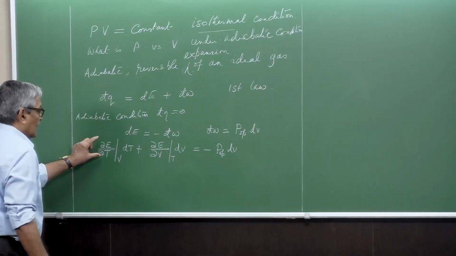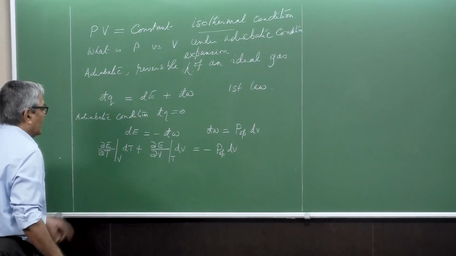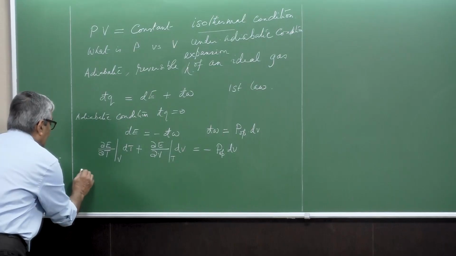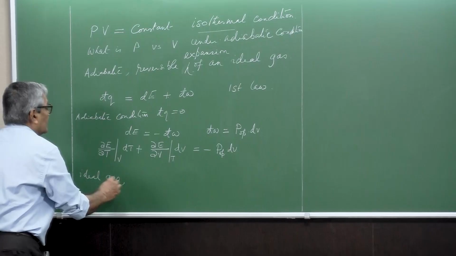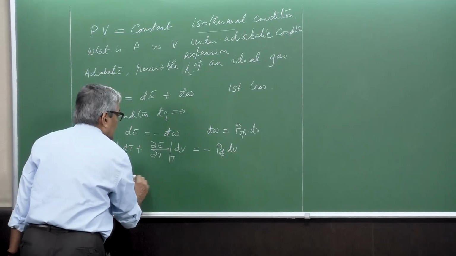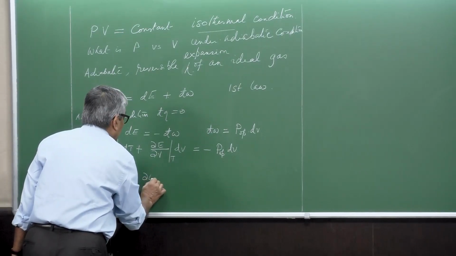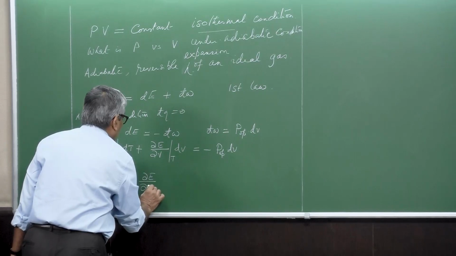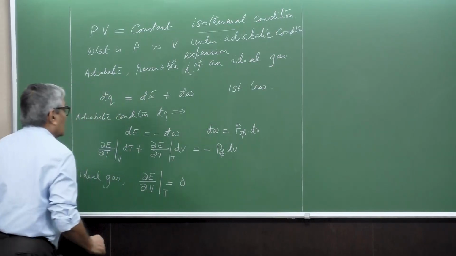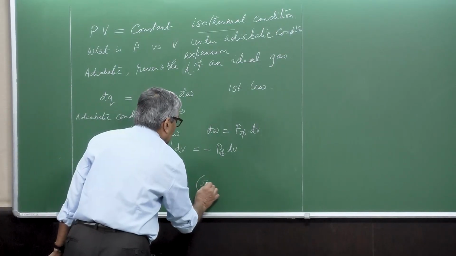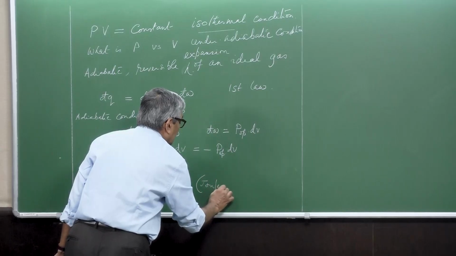Since we are considering an ideal gas, for an ideal gas del E by del V at constant temperature is equal to 0. That is from Joule's experiment.